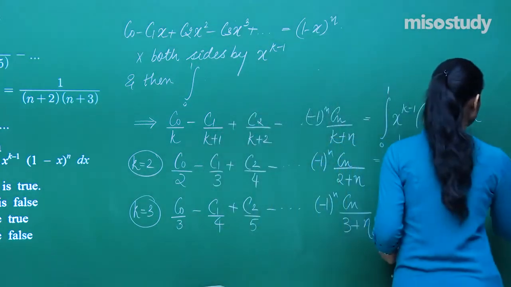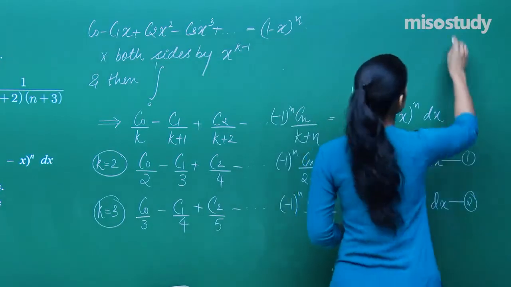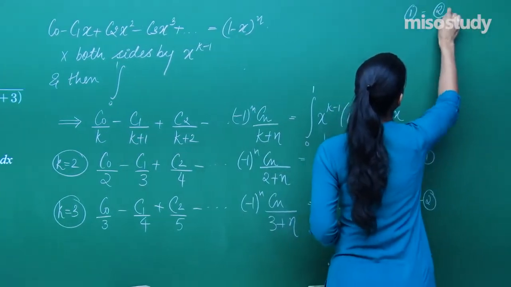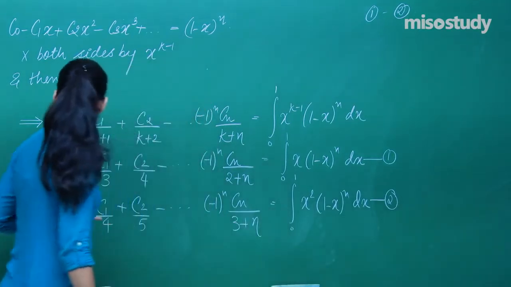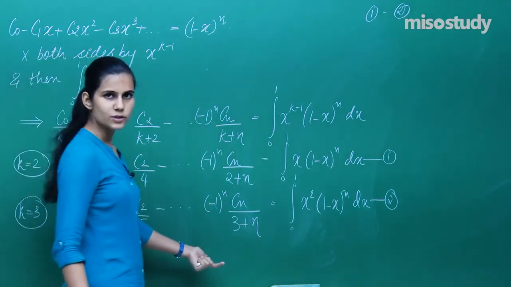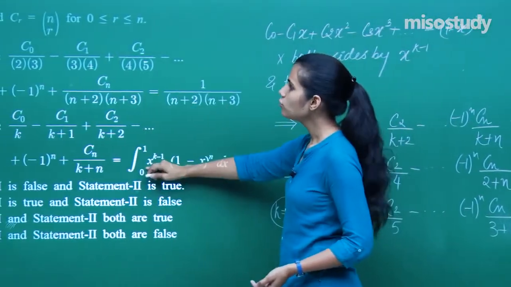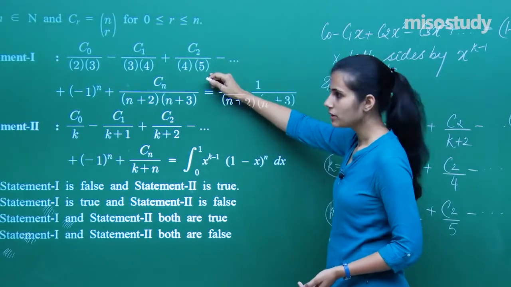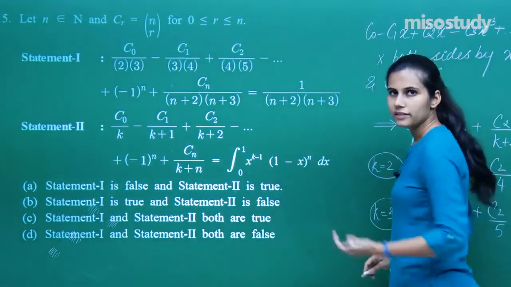Now what you do is, this is 1, this is 2. When you perform the operation of 1 minus 2, you basically get this minus this, this minus this, this minus this. When you do, you get your statement 1. So statement 2 over here is actually implying statement 1 when you put k equals 2, k equals 3 and then subtract them.